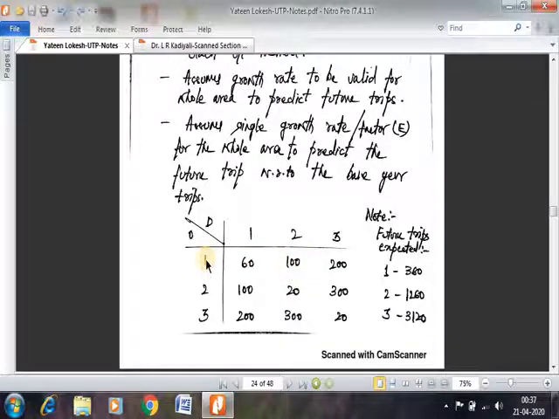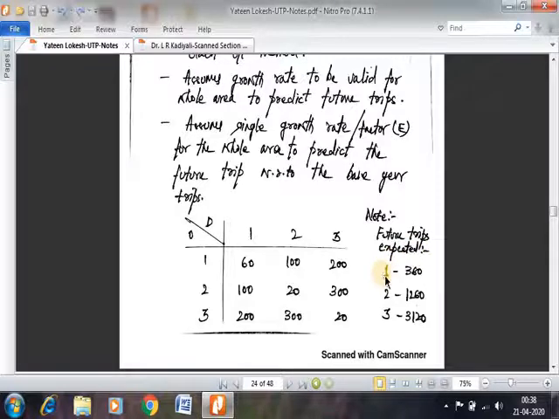Similarly, trips originating from zone 1 and getting attracted to zone 3 is 200. So in this form, an OD matrix will be prepared and you would possibly be given future trips that are expected in the region.